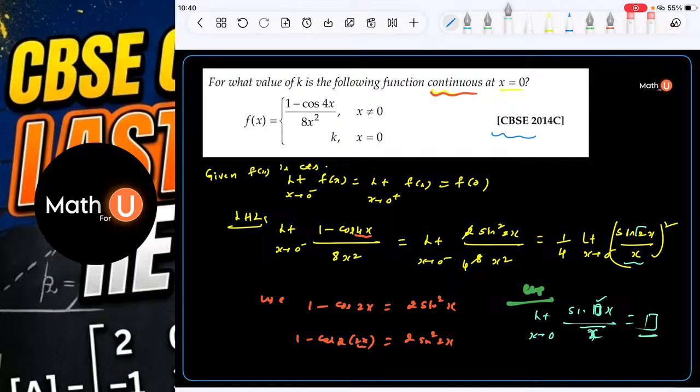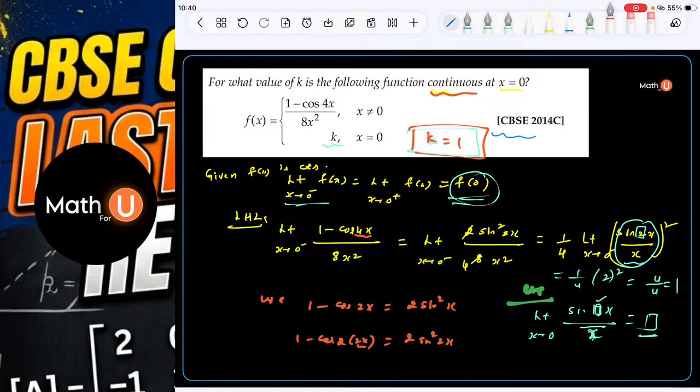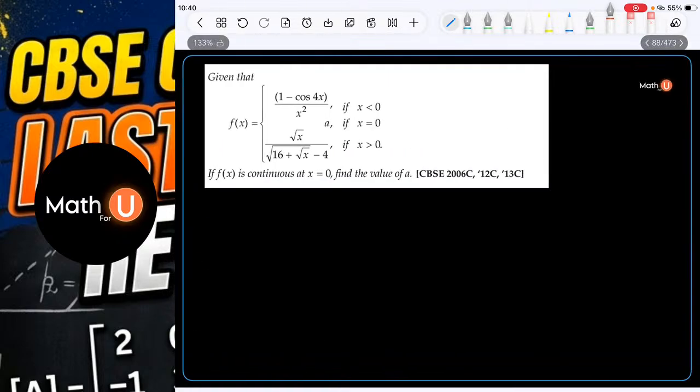Here also the same. What is the box here? 2. Then 1 by 4, this value becomes 1, this value becomes 2 square, that is 4, 4 by 4 is equal to 1. That means the left hand limit, since these three quantities are equal, and the functional value are also equal. Functional value is given as k, then k is equal to how much? 1. K is equal to 1.